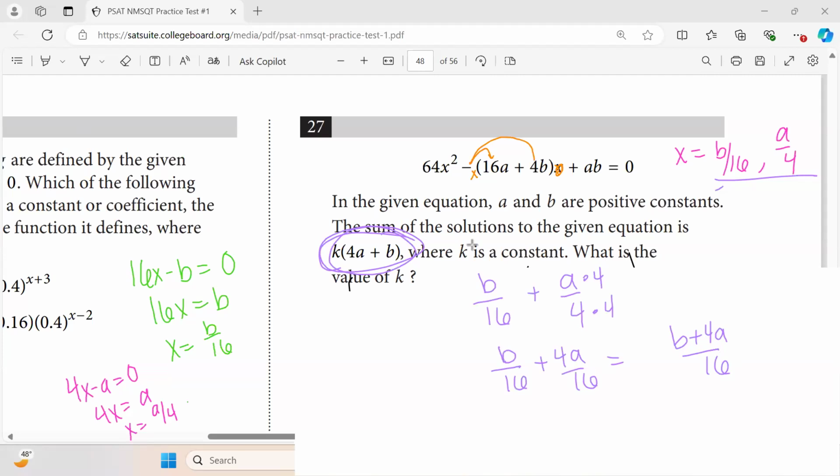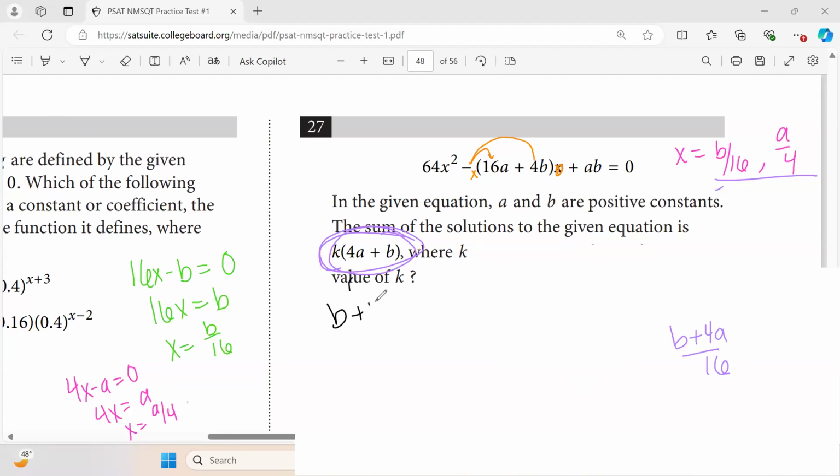There has got to be a better way to do this. I will look at the formal answer key in a second. So with our sum, b plus 4a over 16 equals k parentheses 4a plus b. We are solving for k. Oh, okay.